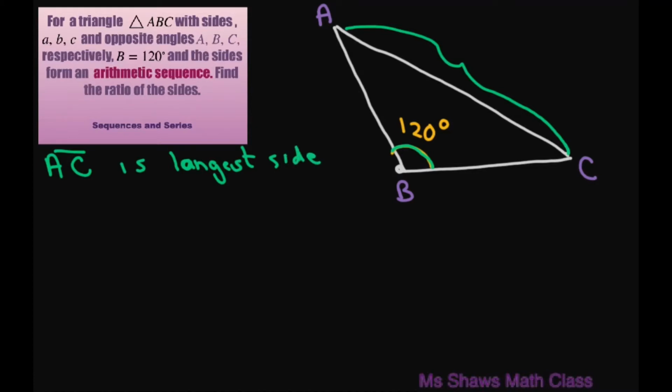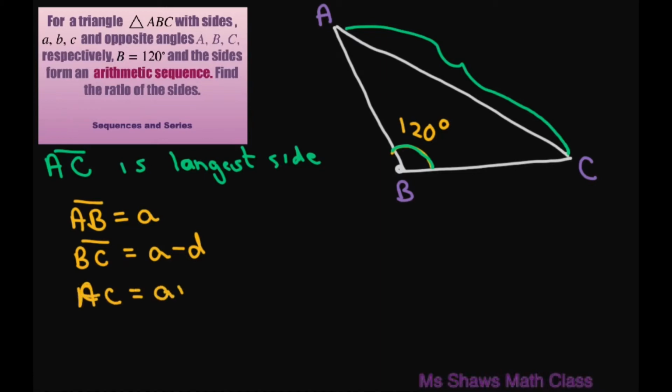All right, so therefore, since the three sides form an arithmetic sequence, we can let AB side equal a, BC equal a minus d, and AC equal a plus d.